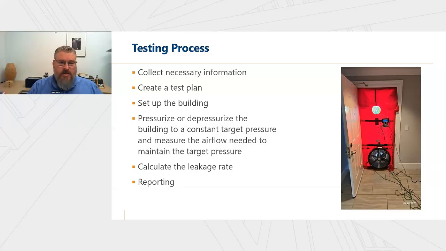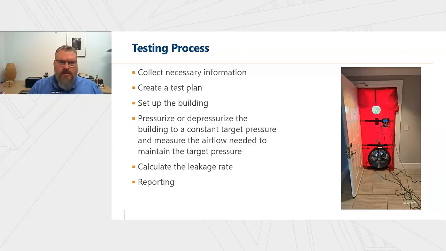So the first step is just collecting the necessary information. As Bill pointed out, what requirement are we under? Are we satisfying a code? Is this purely for diagnostic purposes? Is this something that the architect put in the spec and it's not necessarily based on a code requirement? Does an institutional owner have their own requirements?